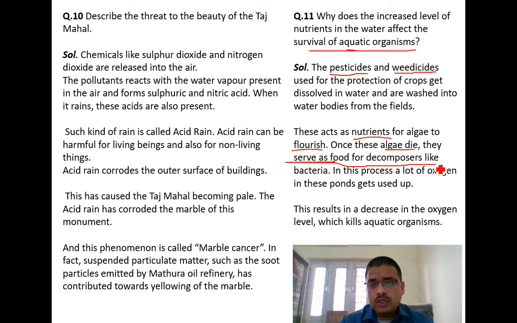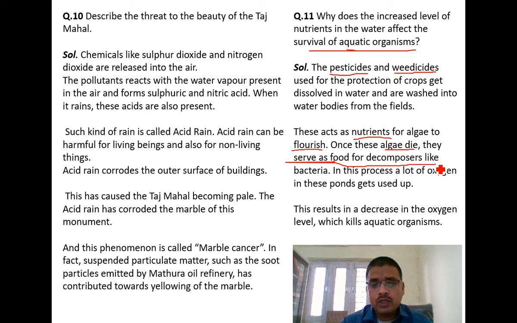Once these algae die, because of the higher nutrients from the pesticides and weedicides, they basically serve as food for decomposers, and bacteria are considered decomposers.